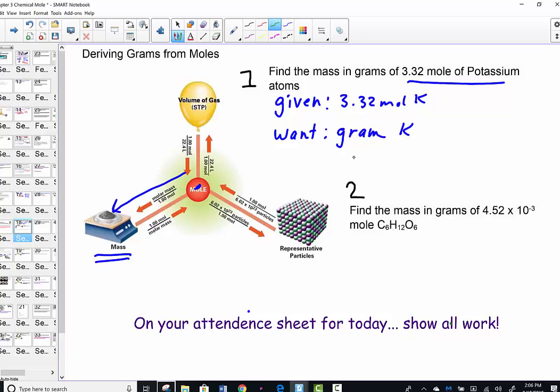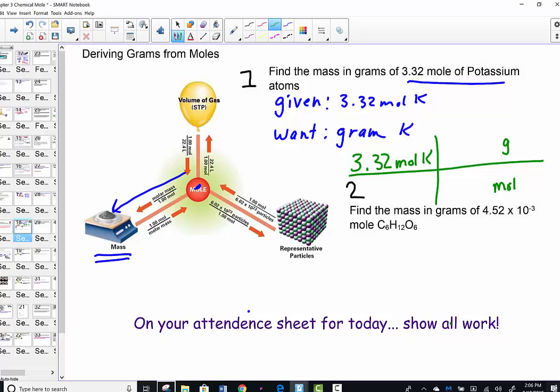I'm going to start by writing 3.32 moles of potassium. I want to then set up a conversion factor, and some of us like this railroad track. I want to set up this conversion factor that cancels the moles and brings me to the gram. The molar mass in a mole, molar mass per mole.